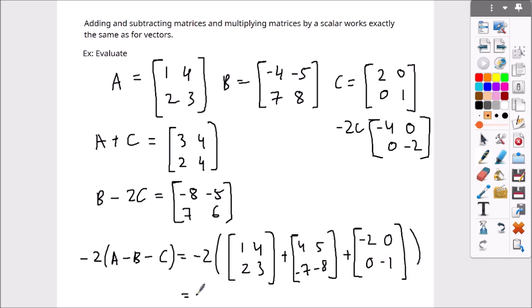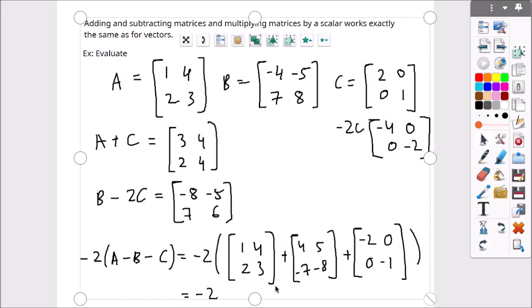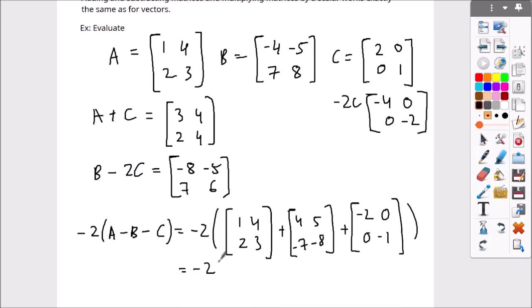So what's this equal to? This is equal to negative 2 times 1 plus 4 plus negative 2 is 3. 4 plus 5 plus 0 is 9. 2 minus 7 is minus 5. And 3 minus 8 minus 1 is minus 6.